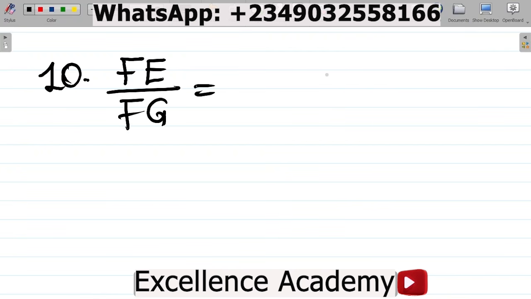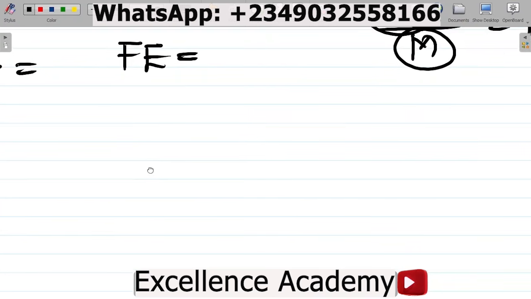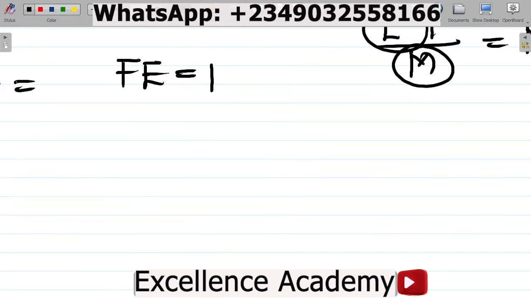Question 10: the ratio of electrostatic force Fe to gravitational force Fg will be equal to, let's analyze this a bit. When we talk about electrostatic force, what comes to mind is Coulomb's law. From Coulomb's law, the formula is K Q1 Q2 all over R squared.